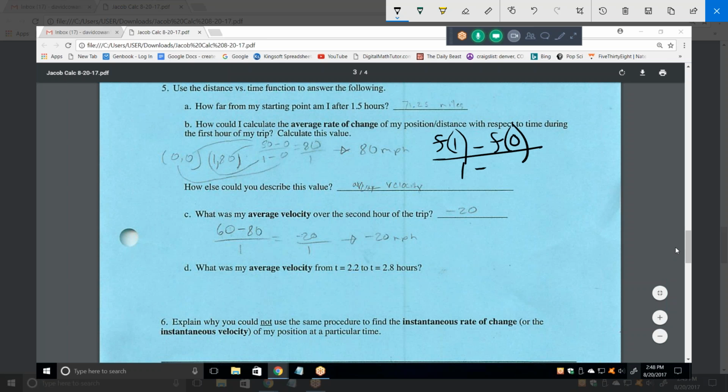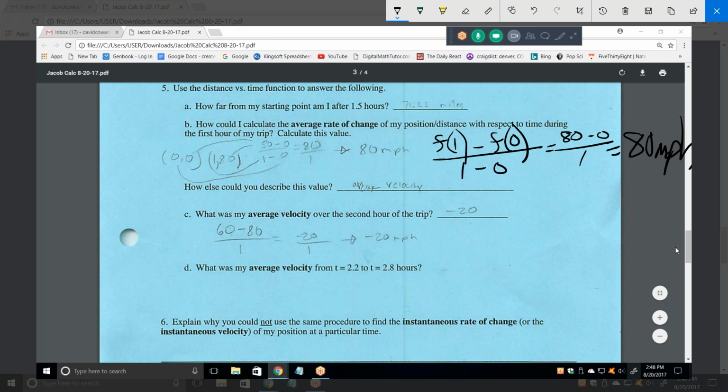Over 1 minus 0, which is the run. When you evaluated this cubic function at 1, you got 80. When you evaluated it at 0, you got 0. So 80 miles per hour is the average rate of change.